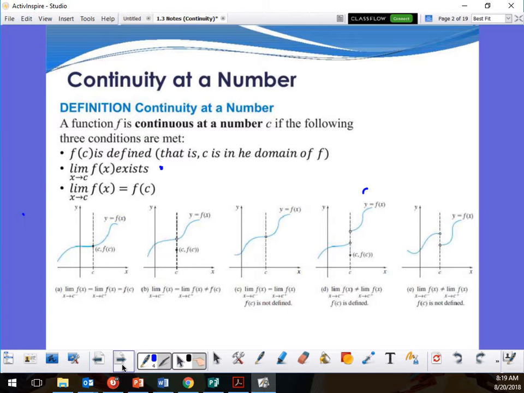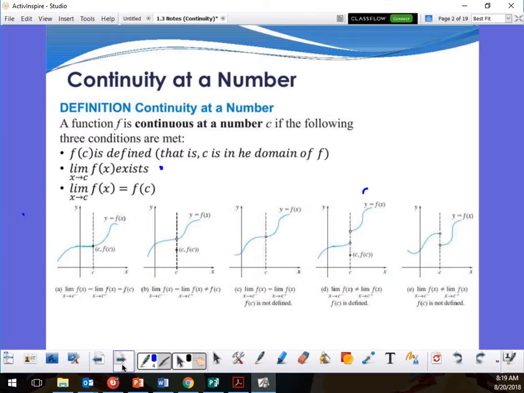Next one: the limit as x approaches C of f of x exists. And the limit as x approaches C of f of x is equal to f of C. So now, what does it mean that the limit is equal to f of C? That they do meet, right? Is there a hole right there where they go together?